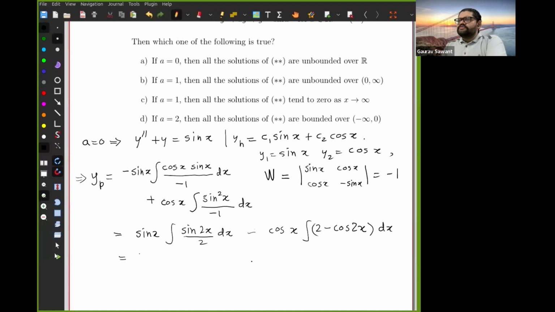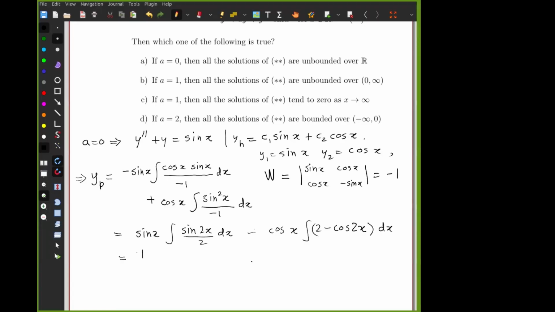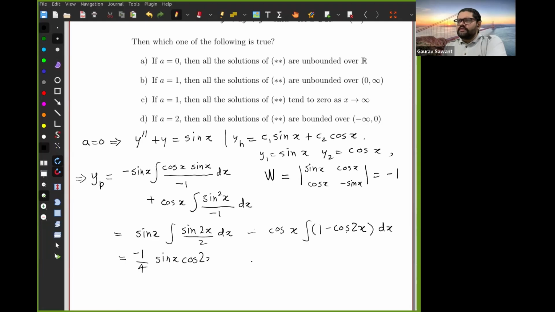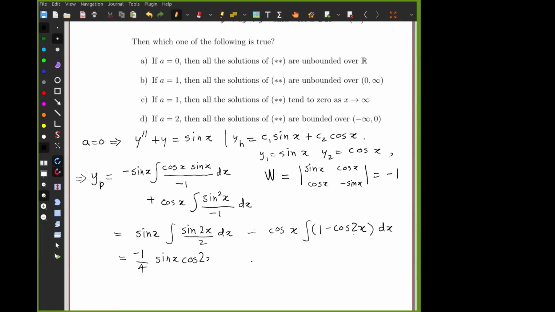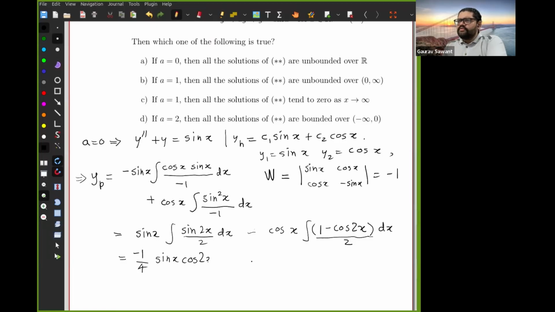Here I have sin 2x by 2 dx, so I will get minus cos 2x by 4. The sin square x is equal to 1 minus cos 2x by 2, right? Yes, sir. So we have 1 minus cos 2x by 2.